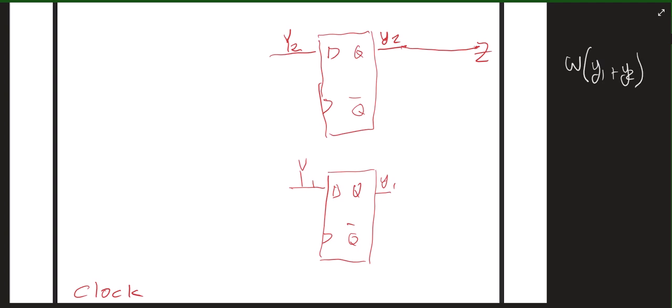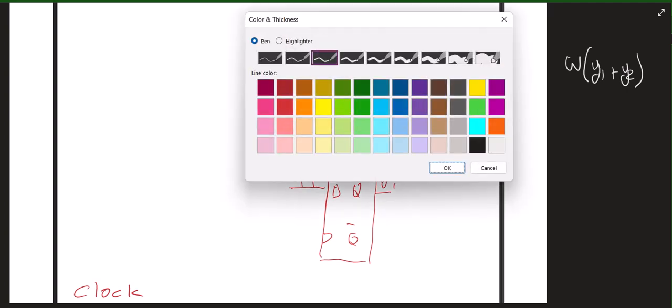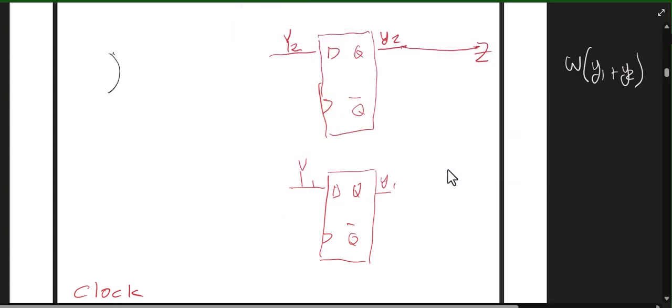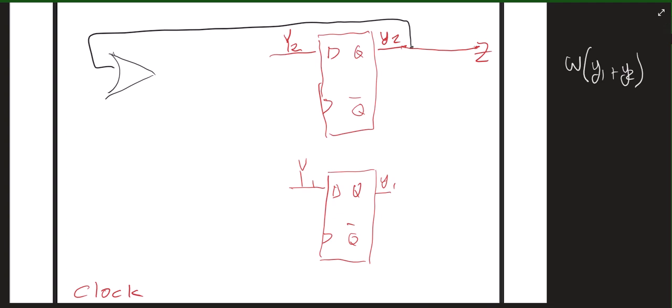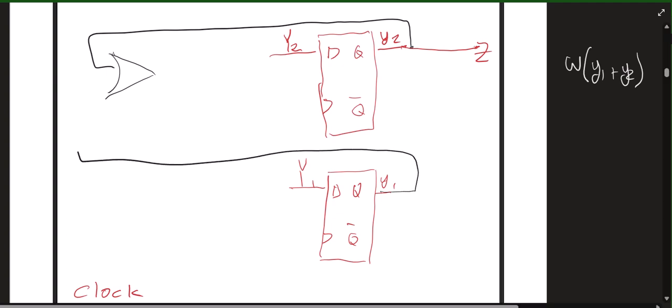So I'll have... okay, so I believe I just made y2.